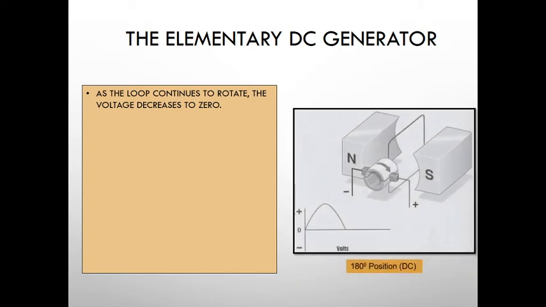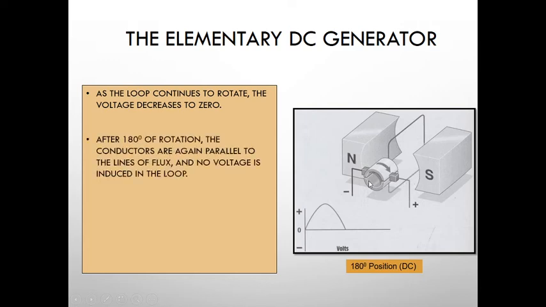But our loop has flipped. You can see here the black wire is now on top and the white wire is now at the bottom. Okay? One element, another element is on the other side. So, after 180 degrees of rotation, the conductors are again parallel to the lines of flux, and then no voltage is induced.